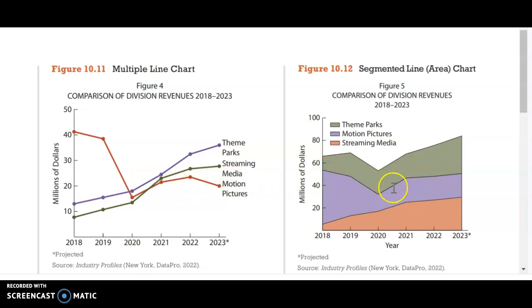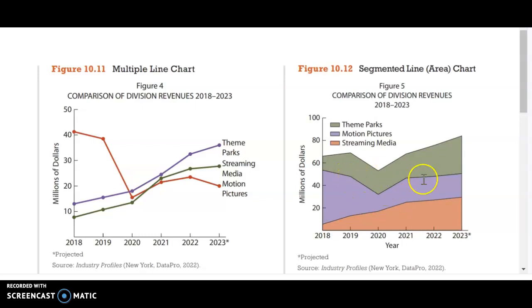So for each one of the motion pictures, you have to find the value and add it to the streaming media. So here is 10, and this is about 39, so that would be at 49. So about right here.